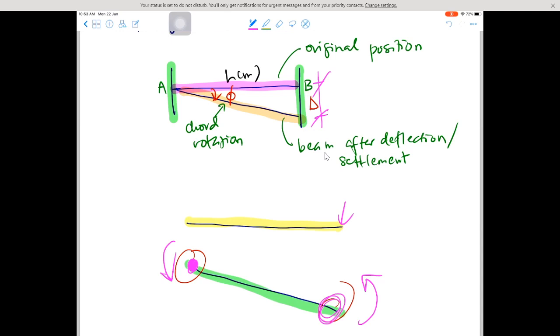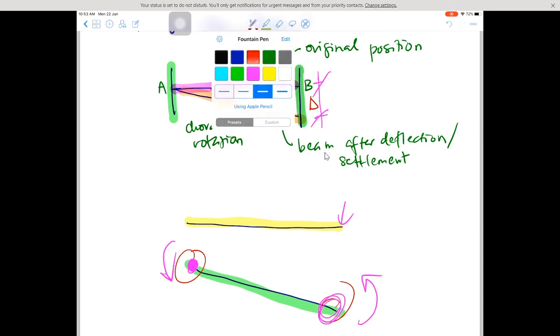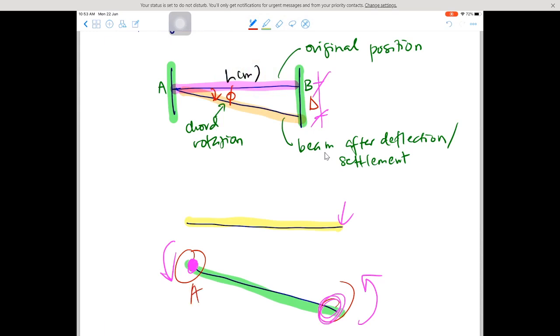Now let's look at the moment direction. This is A and this is B, right? The moment at A and the moment at B must have the same direction in order to go back to the original position of the beam. It is special.